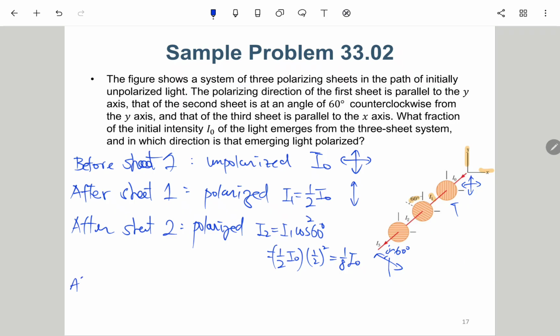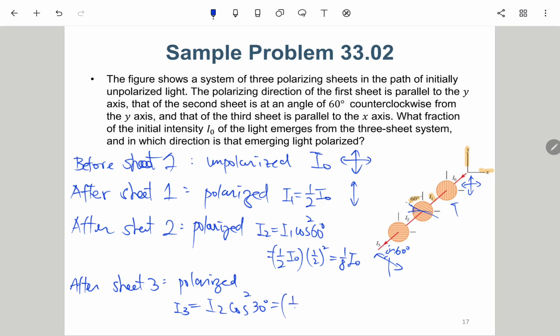After sheet number 3, of course it must still be polarized. So I3 will be I2 times cosine squared of the angle between the two. Between this one and this one will be 30 degrees, because the right angle is 90 degrees.